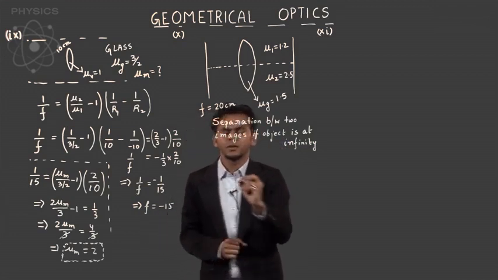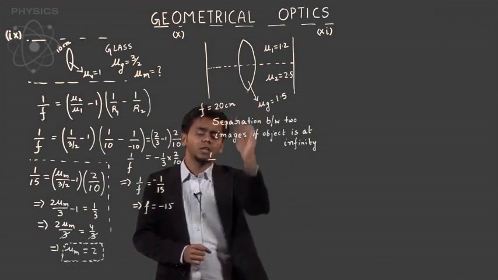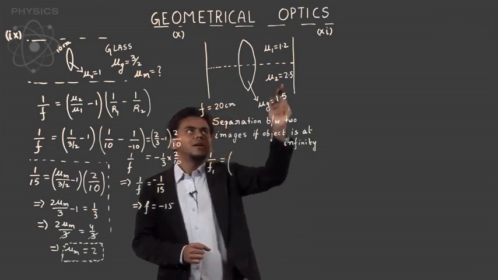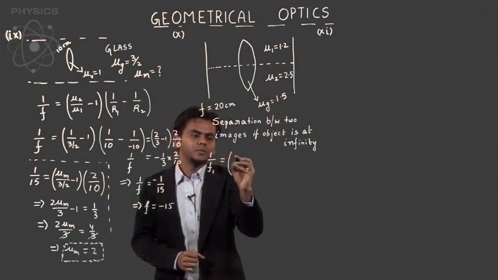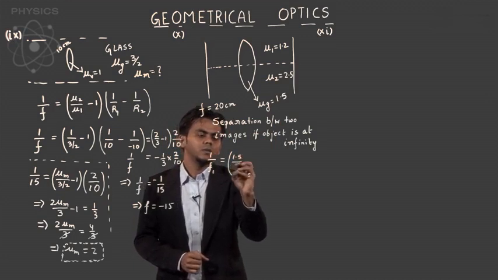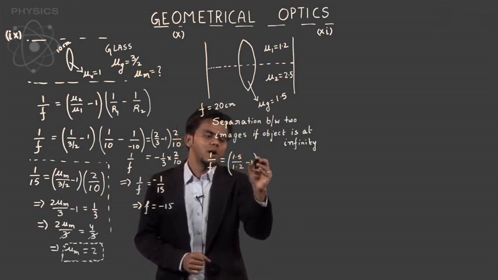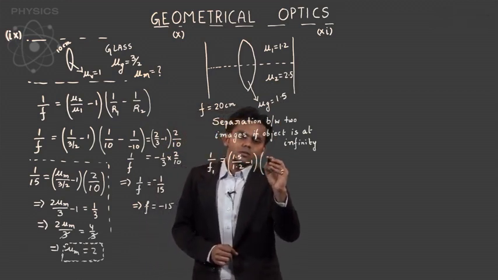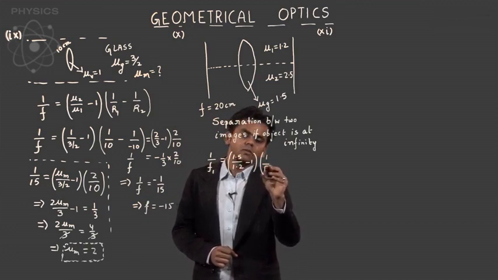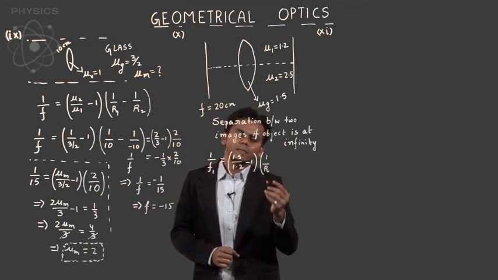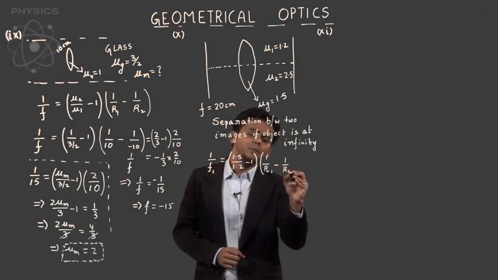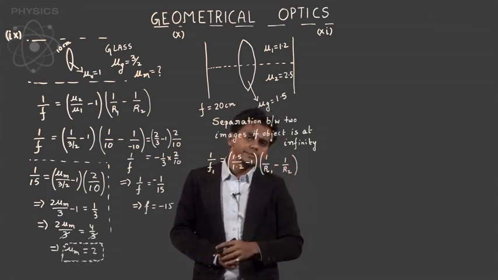Let's do that then. So 1 by f1 for the upper part is equal to 1.5 by 1.2 minus 1, upon (1 by r1 minus 1 by r2), but I have been provided some value about the lens.